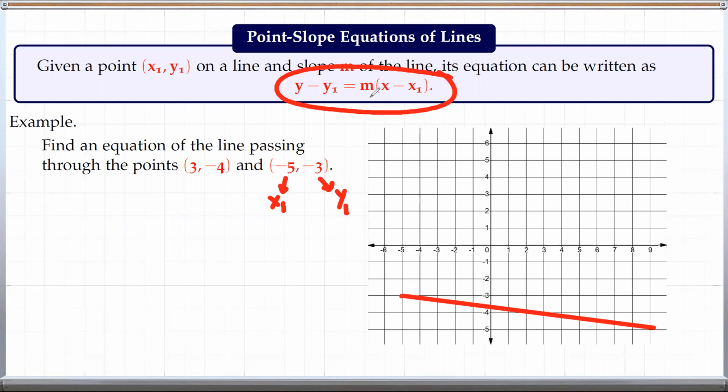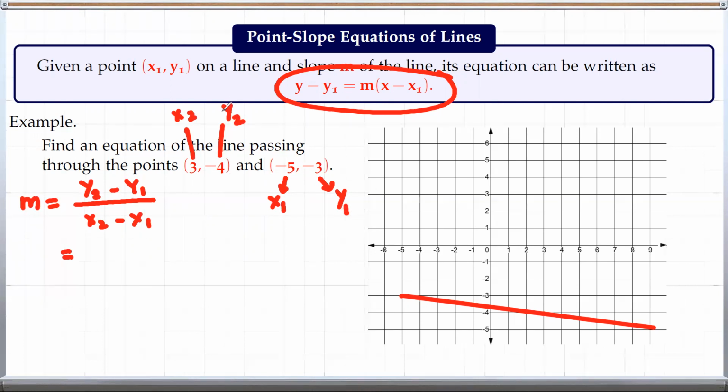And we also need to find m. M is the slope. We can quickly find that using the formula m equals (y2 minus y1) over (x2 minus x1). We can take these to be (x2, y2), since we already considered those to be (x1, y1).